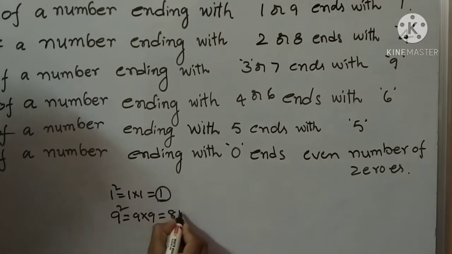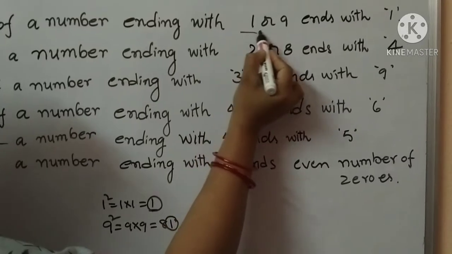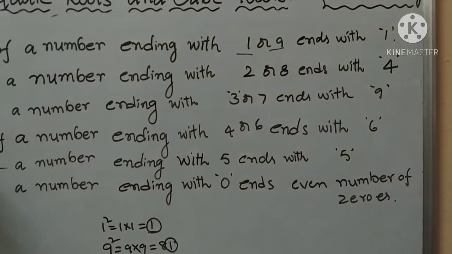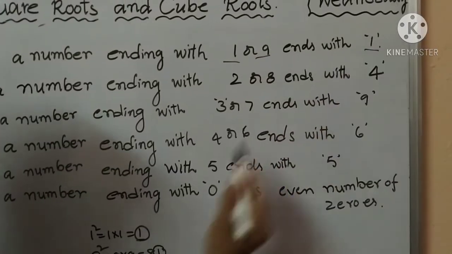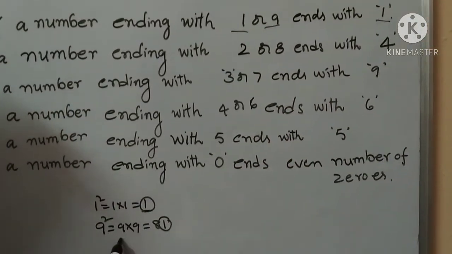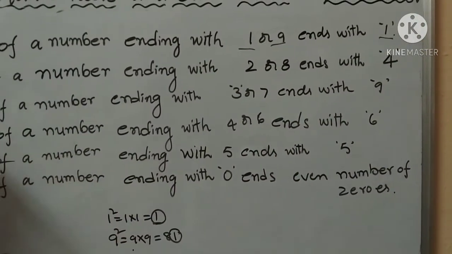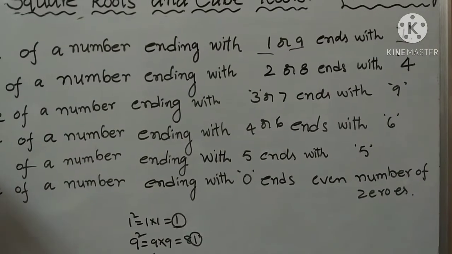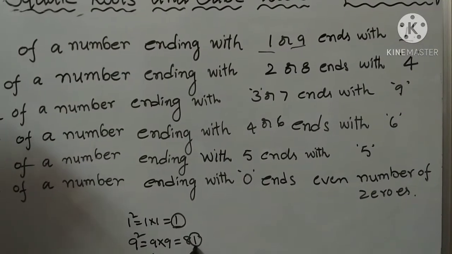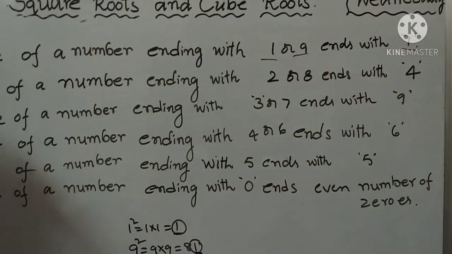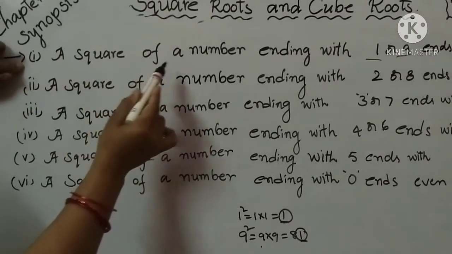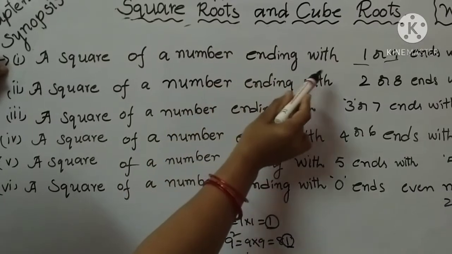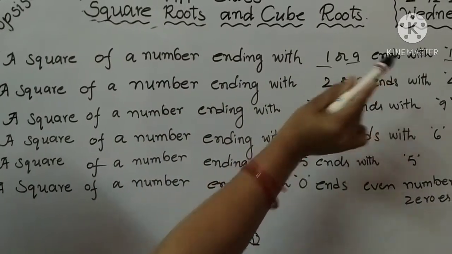So the ending number is 1. So you take 1 or 9, the square number ends with 1. The ones place is 1. Okay children, did you understand? First point, a square of a number ending with 1 or 9 ends with 1.